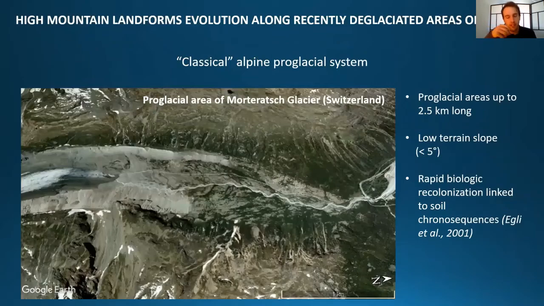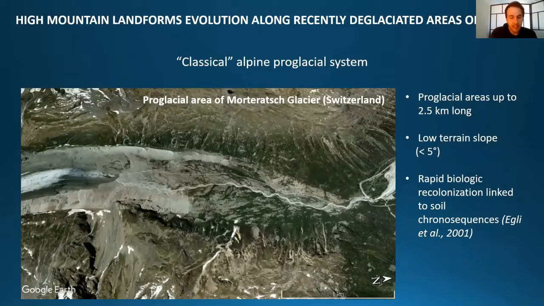When we think of a proglacial system, the classical Alpine proglacial system comes to mind. This is the case of one of the most beautiful proglacial areas of the Alps, the Morteratsch Glacier proglacial system.